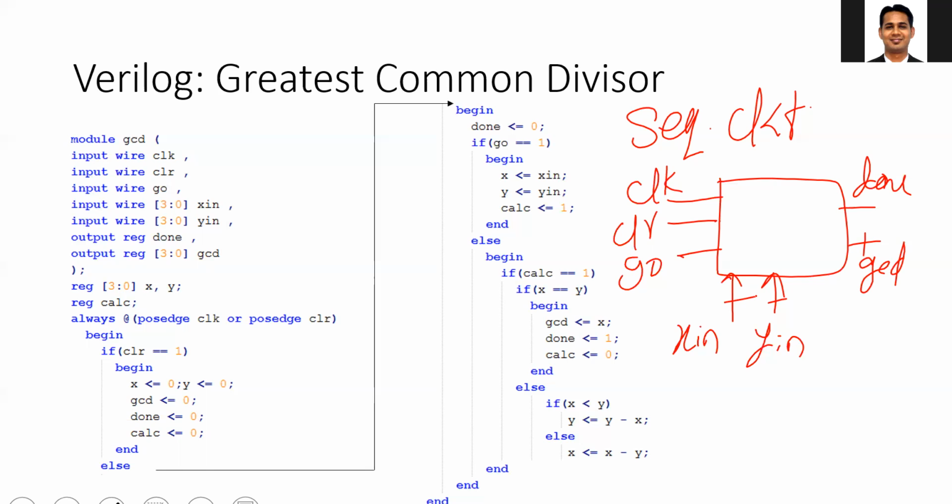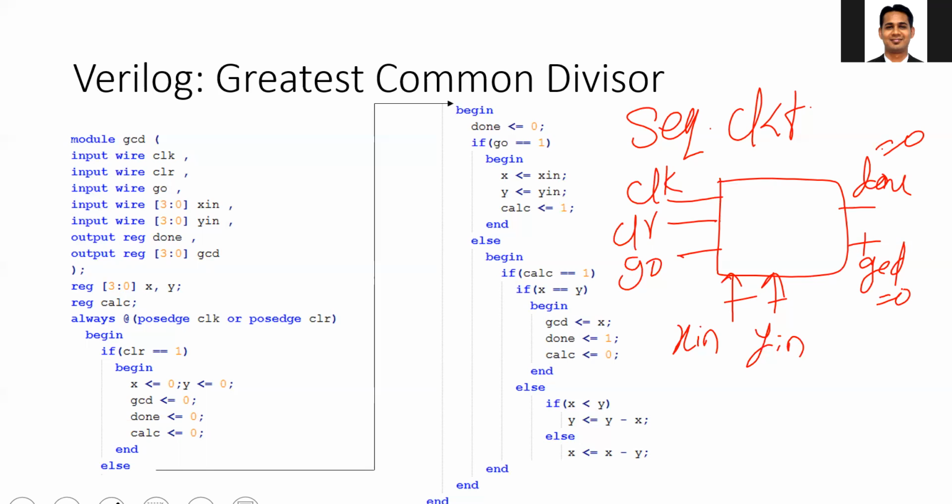These are multi-bit signals. So in the beginning, when you clear everything, you make done equal to 0 and GCD equal to 0. When done is equal to 0, that means your output is not yet completed.